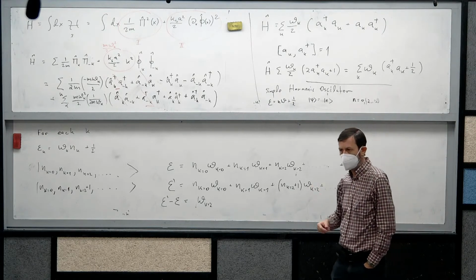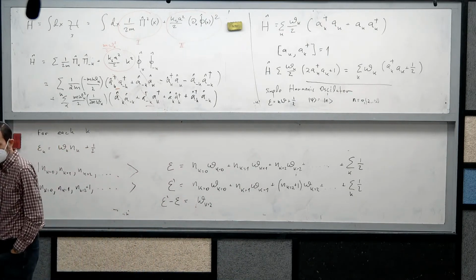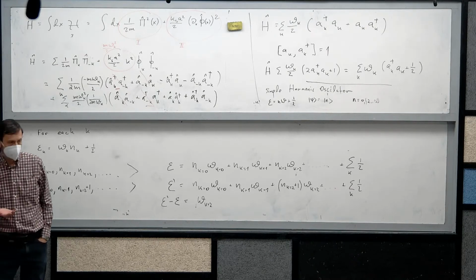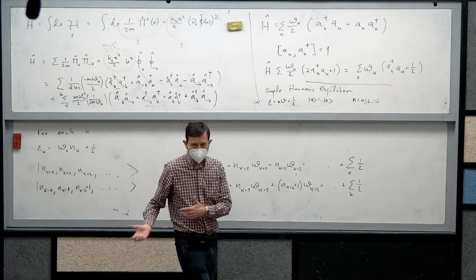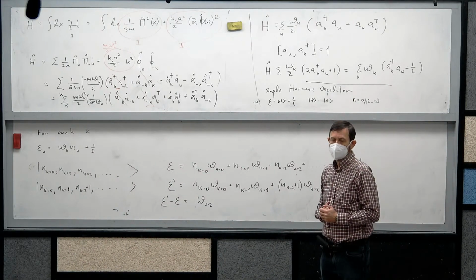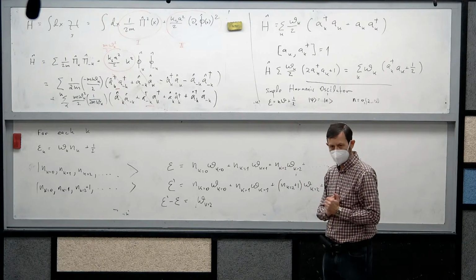K equals 0, 3, k equal 1, 20, and so on and so forth. That's an eigenstate. It has an energy. I know how to calculate it. And now I'll do the final jump.